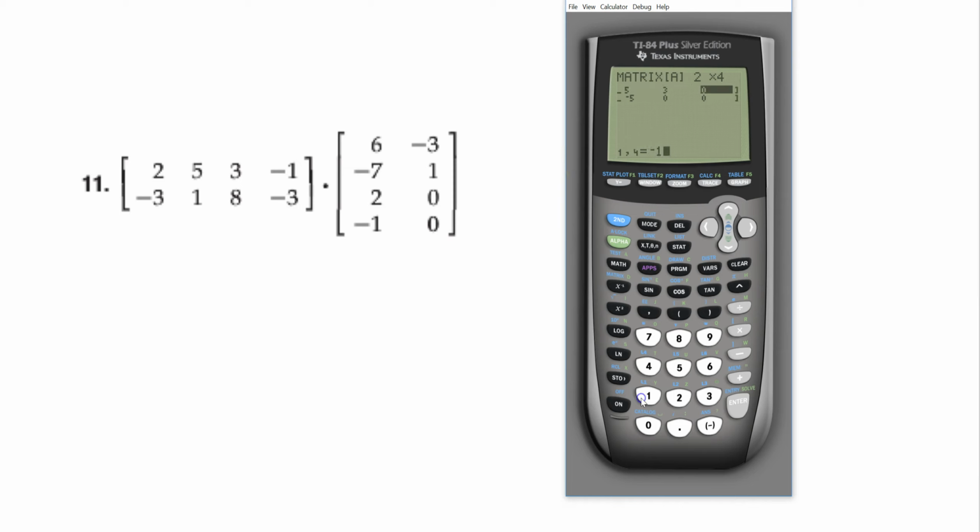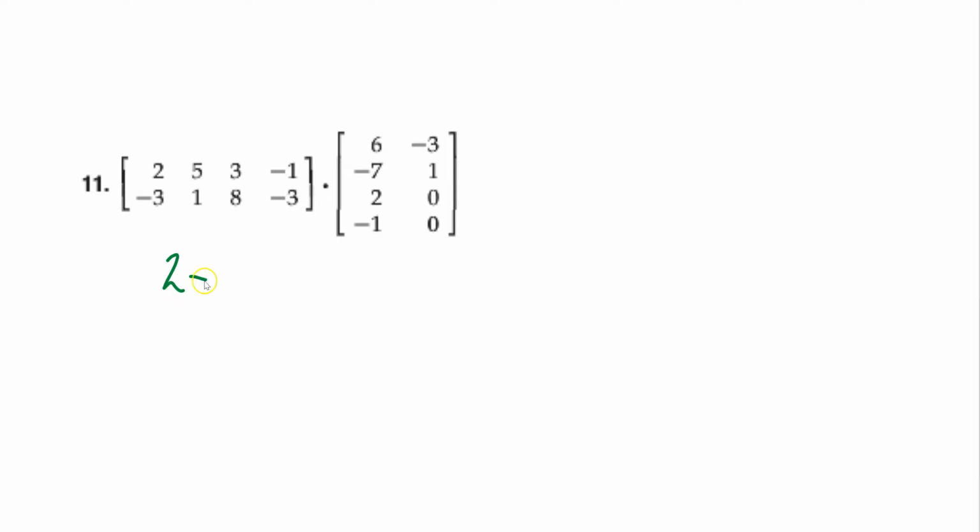Negative 3. So that's in. And I'm going to go with my other matrix, go back and edit the other one. This is a 4 by 2. And actually, before I even do this, I should check if I can multiply them. They can be. I have guilt now. 2 by 4.